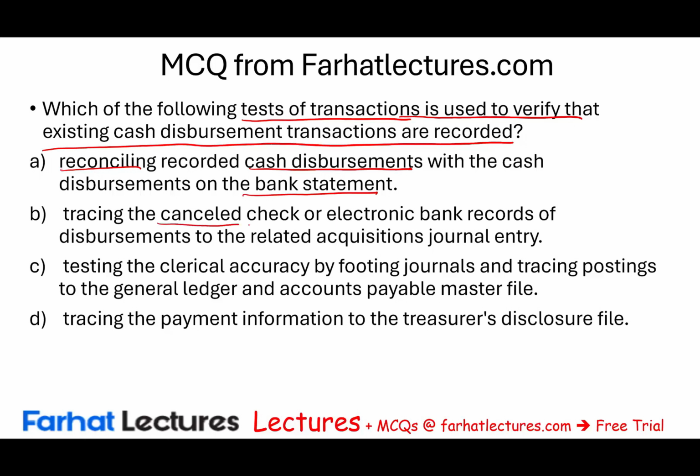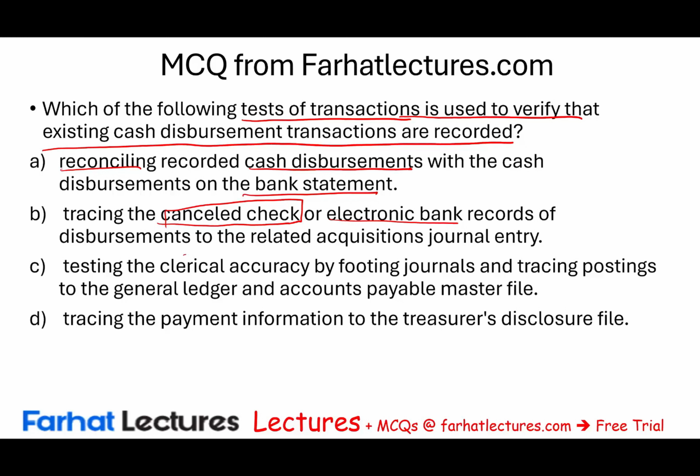Tracing the canceled check or electronic record of disbursement to the related acquisition journal entry. Now, we're looking at canceled checks or electronic transfers to the related acquisition journal entry. So we have a canceled check, some sort of a wire. We made a payment.